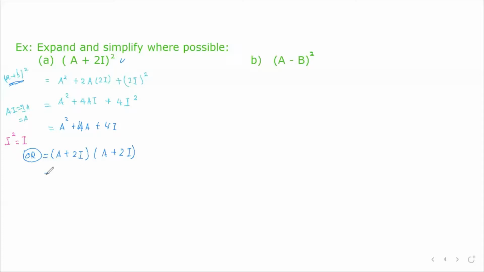So this one you can write down as (A plus 2I) times A, and then plus this two-bracket times this two-bracket. So it becomes (A plus 2I) times 2I.